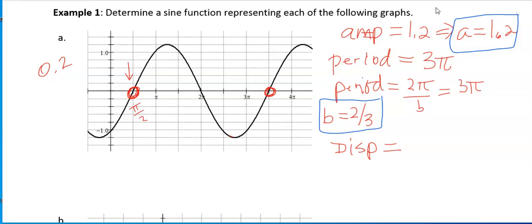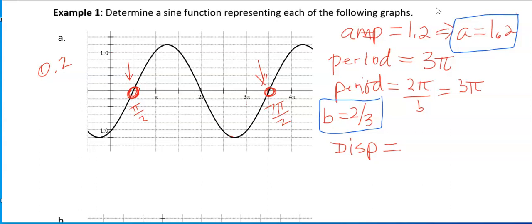But now if you pick this point down here, I'd have to mark that correct. If you did, it's halfway between 3 pi and 4 pi. And I think we saw before that 3.5 is the same thing as 7 over 2. So that's 7 pi over 2. I'd accept either one of those for your displacement. You're going to get a different C, but I'd have to accept either one of those for your displacement.